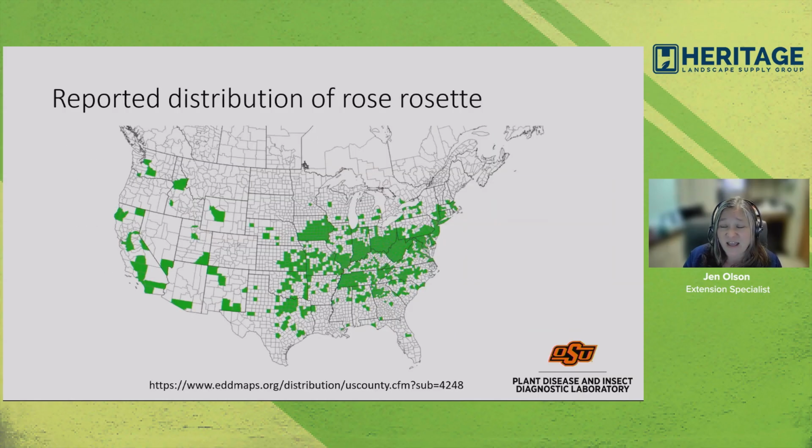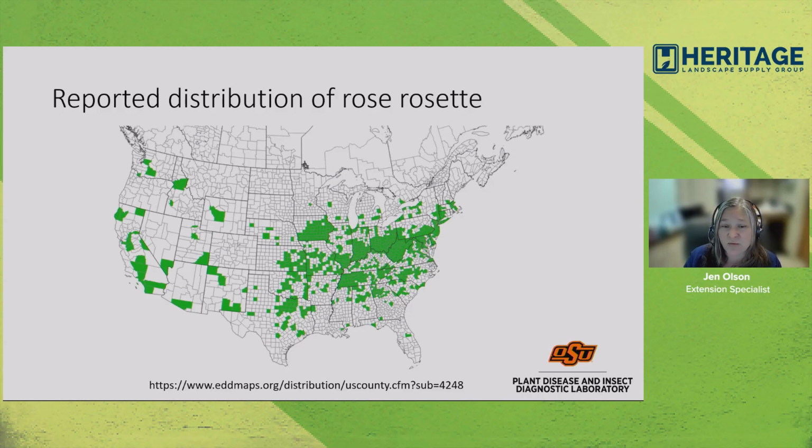You can see the website at the bottom, but this is the current known distribution for rose rosette disease. This map is generated by kind of boots on the ground. People report sightings at this website, and then it's verified by rose rosette experts as to whether or not to color the county that it has been found in.